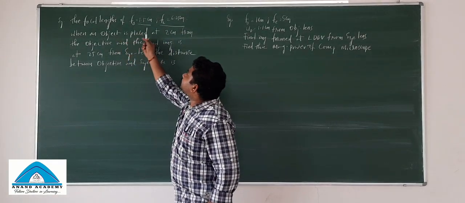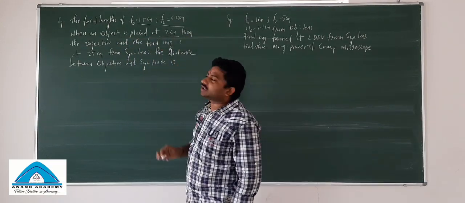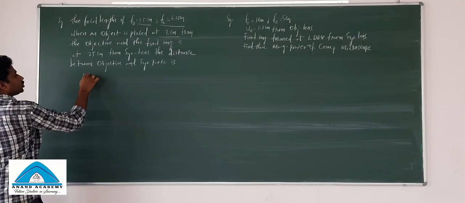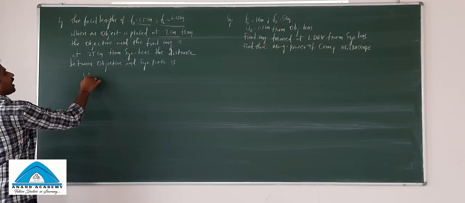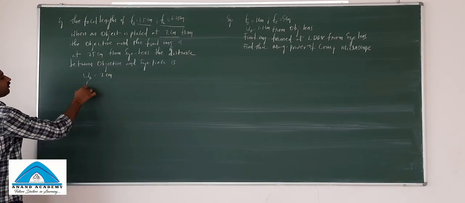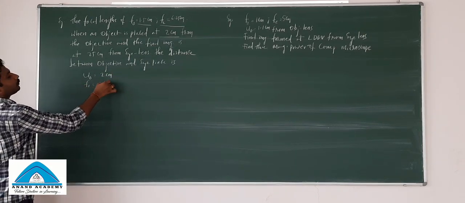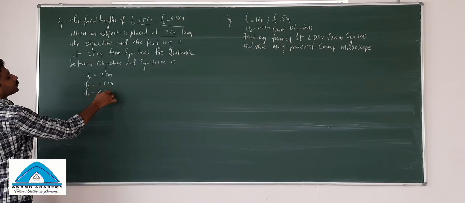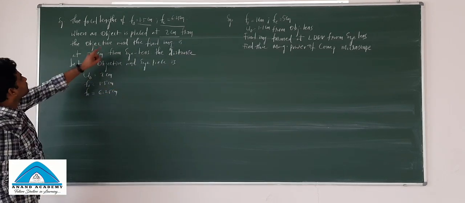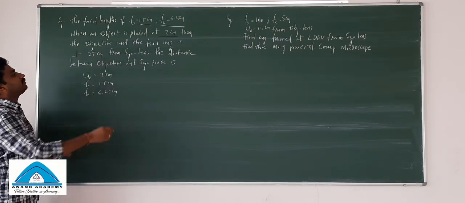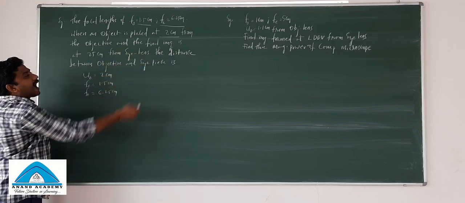When an object is placed at 2 centimeters from the objective lens, so U0 value is 2 centimeters. F0 is given as 1.5 centimeters. Fe is given as 6.25 centimeters. The final image is at 25 centimeters from the eye lens.